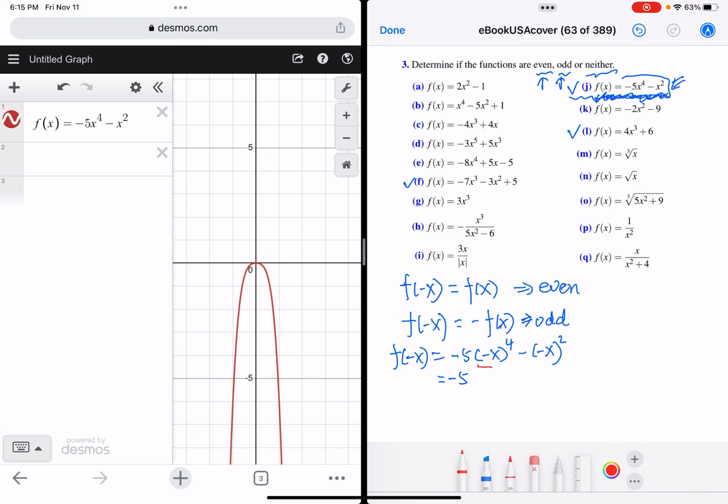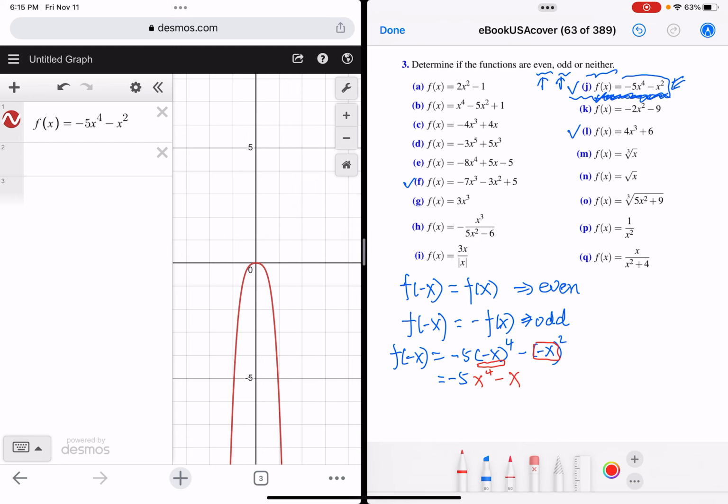Then this one will be positive x to the fourth. Still, this one is negative, but we are working on this one. Negative x times itself once.